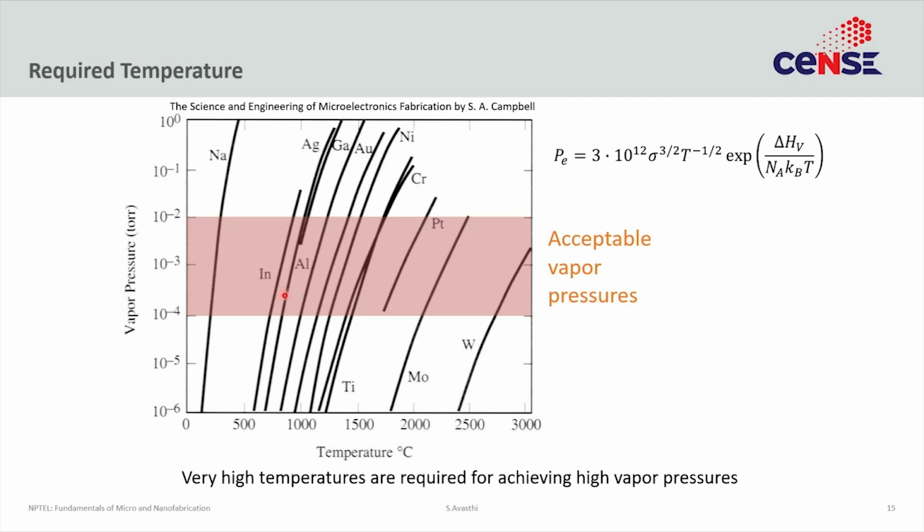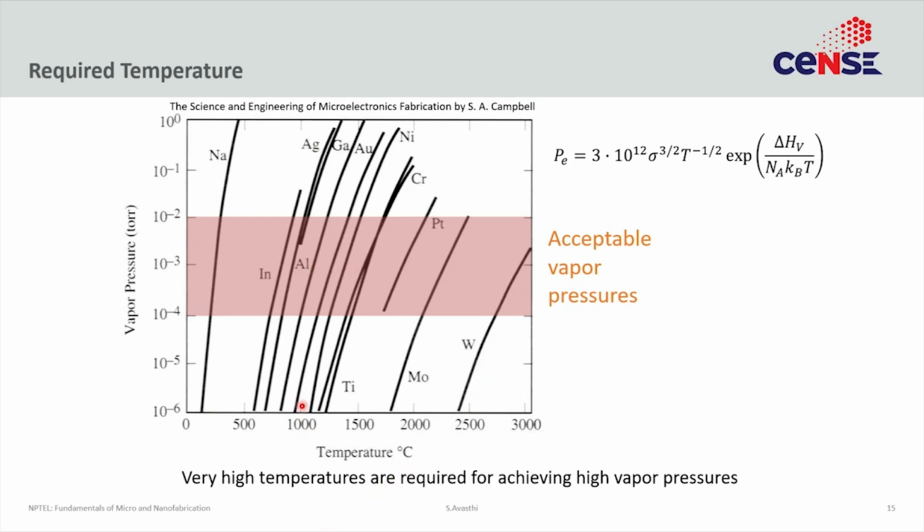Now, the thing to notice is that everything has a vapor pressure, right. So, supposing you are doing aluminum evaporation and you put aluminum in a tungsten crucible, at a temperature such that the vapor pressure is -3. So, this is the temperature at which the aluminum will show a vapor pressure of -3. At this temperature, what is the vapor pressure of tungsten? So, you see tungsten is here. It keeps going down, down, down.